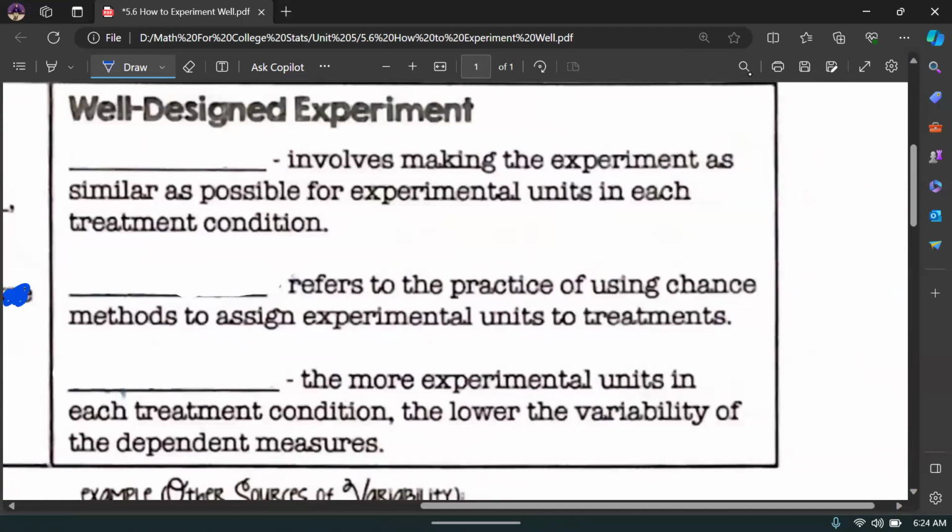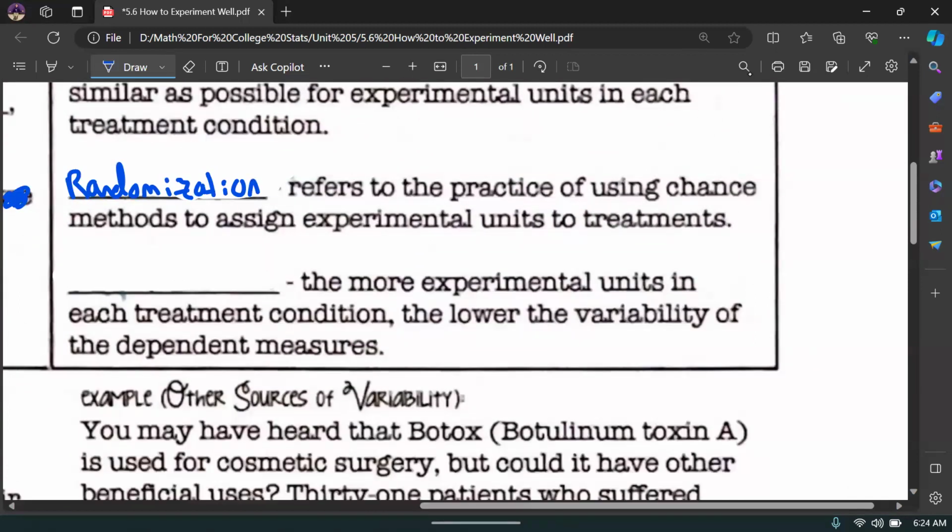All right, a well-designed experiment. Control involves making the experiment as similar as possible for experimental units in each treatment condition. Randomization refers to the practice of using chance methods to assign experimental units to treatments, mentioned that, and replication.